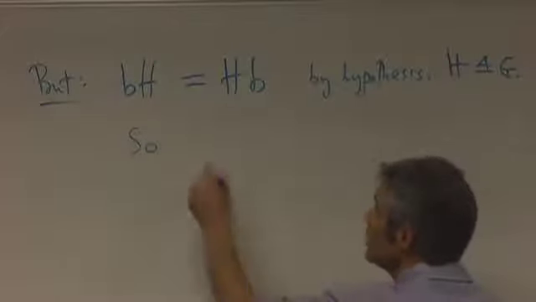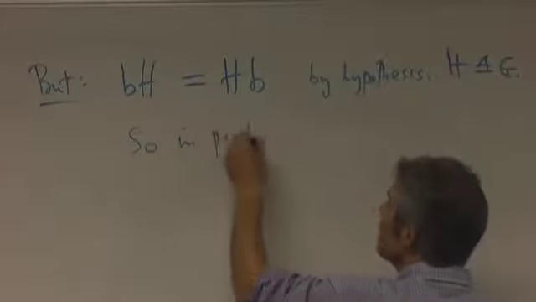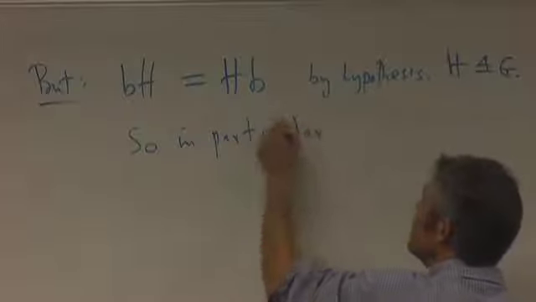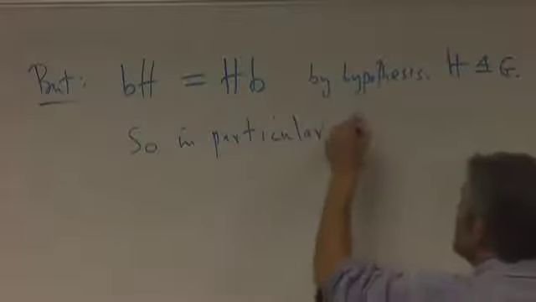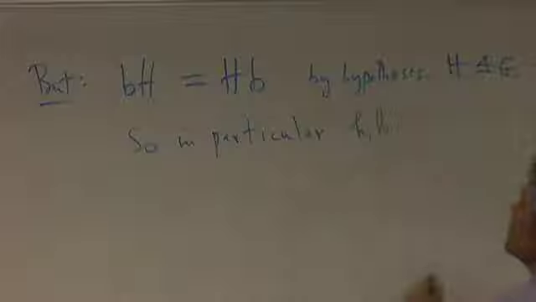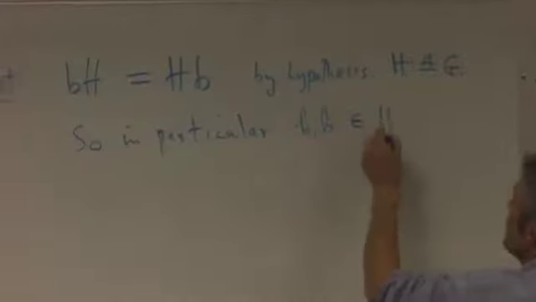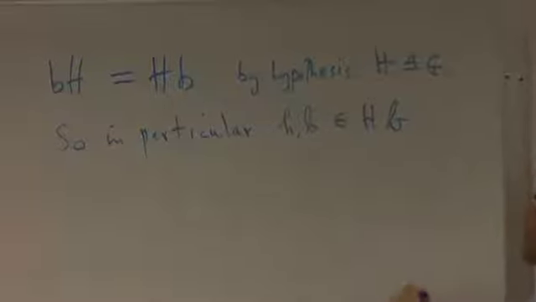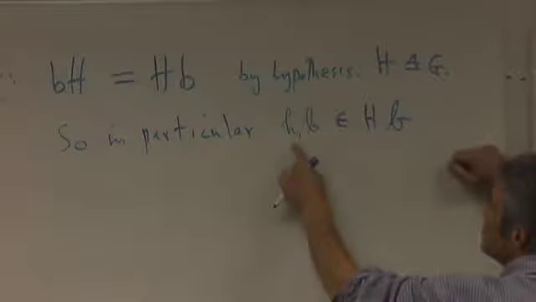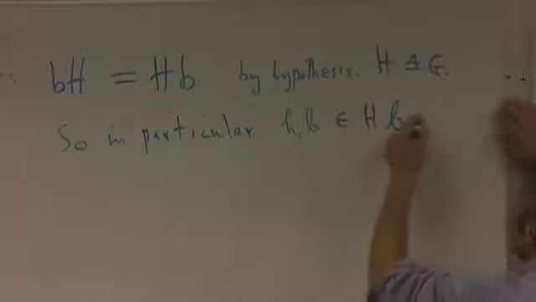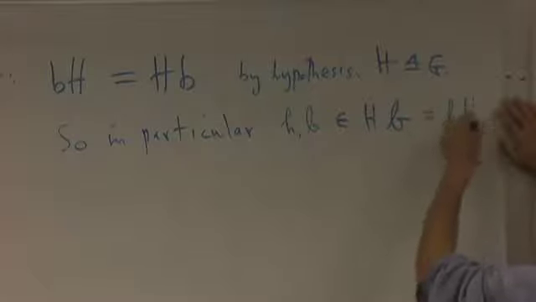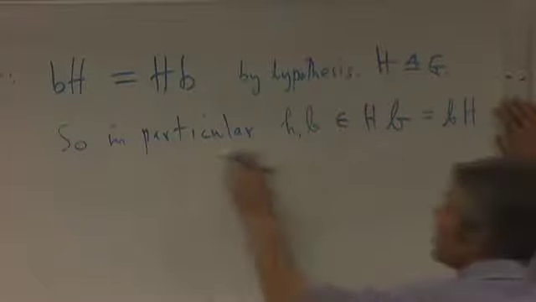In particular, I'm going to identify something in there. This element, H1b. Well, wait a minute. H1b is, by definition, in that right coset. That's not an issue. It's just something in Hb. But that's bH. That's the hypothesis.